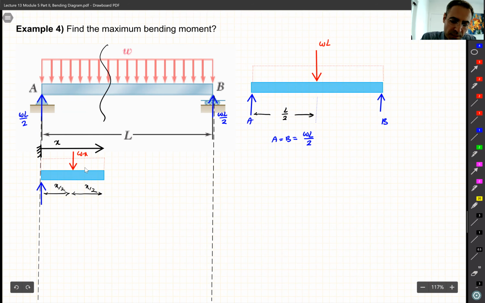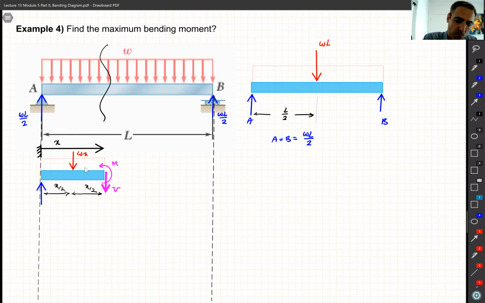So we keep the left section, and on the left section, according to what we agreed, we are going to have V coming down and M. So M and V. So far good. We write down our equation for this point. Let's call it S, because we did section S. Sum of the moment about point S equal to 0.